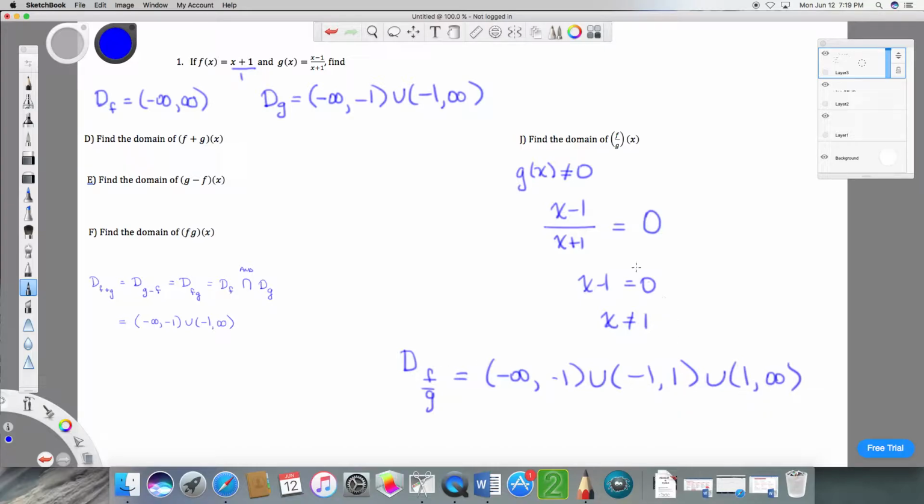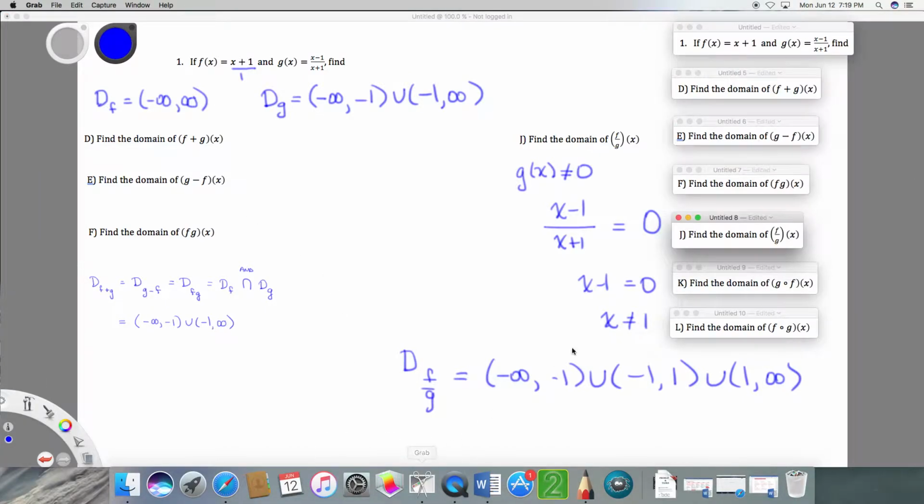And there's our answer for part I. I don't know where part G went. All right. Let's erase all of this and move on to find the domain of the function compositions.